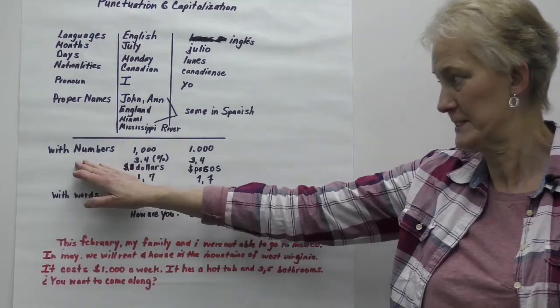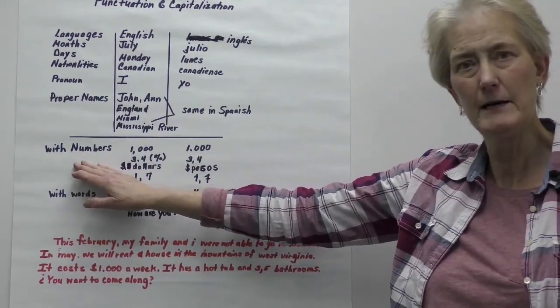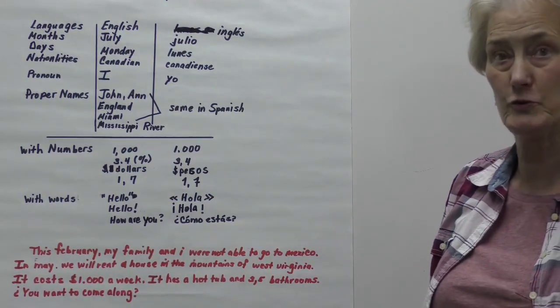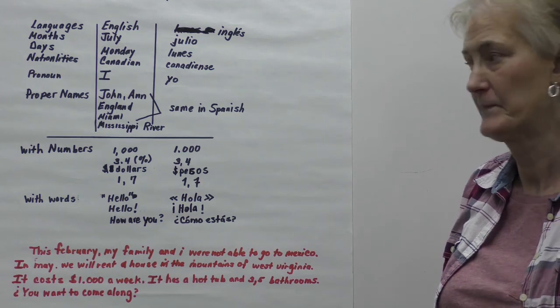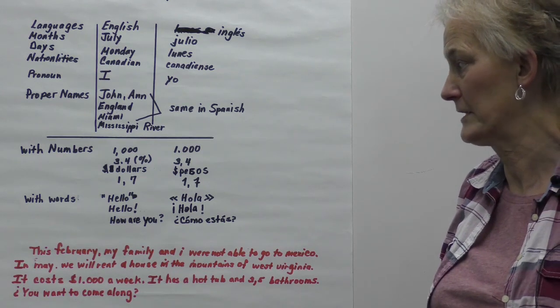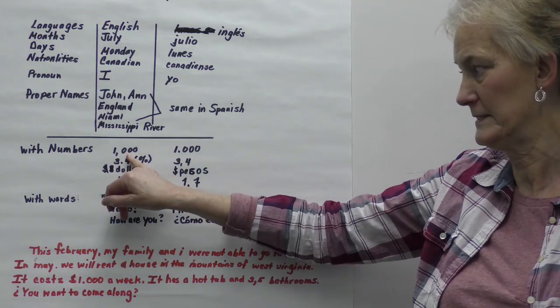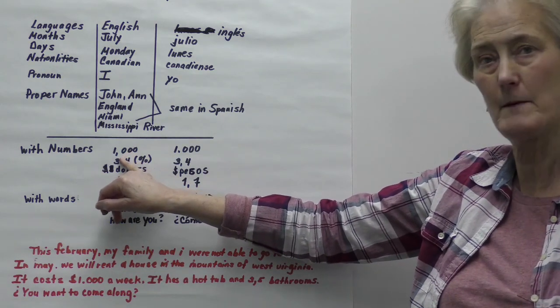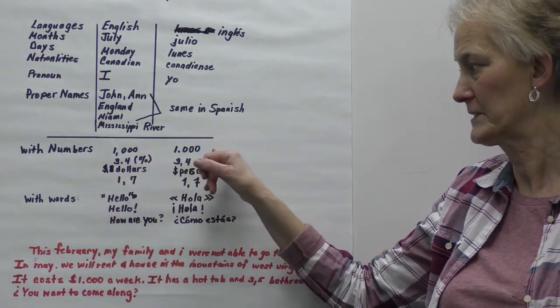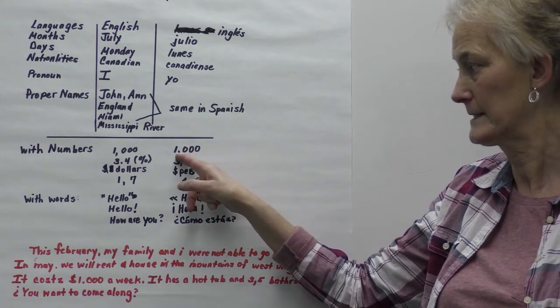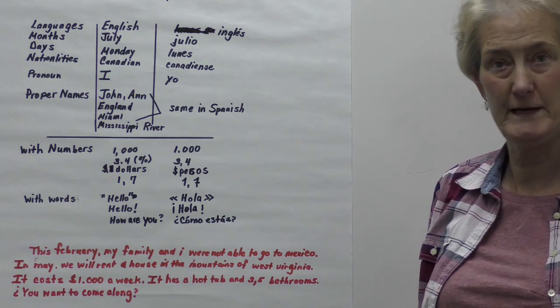With numbers, we have some unusual markings, unusual to us in English and in Spanish, I guess. When we say 1,000, we put a comma here. When the Spanish say 1.000 or mil, it's a decimal point.